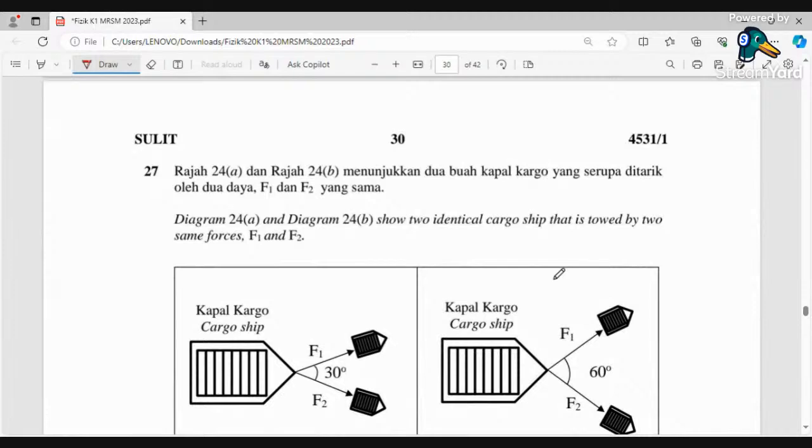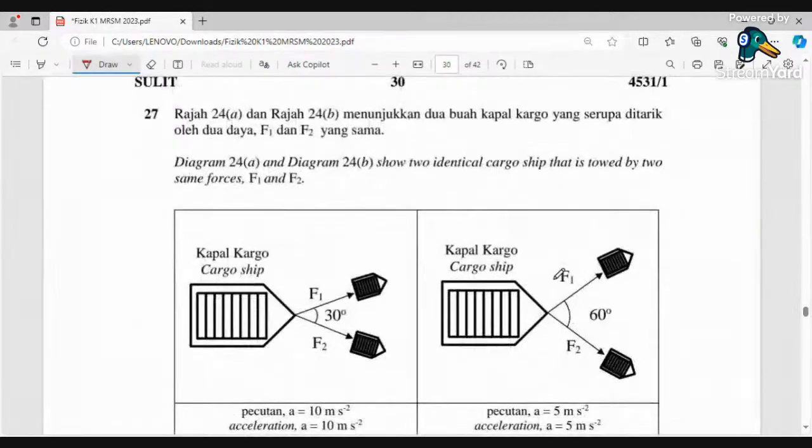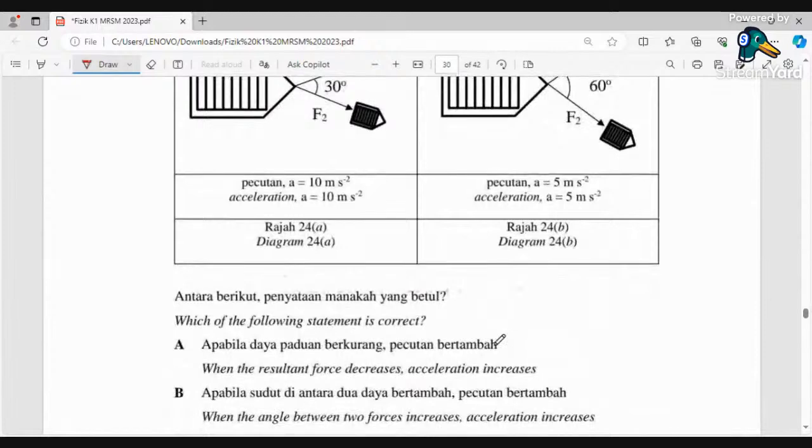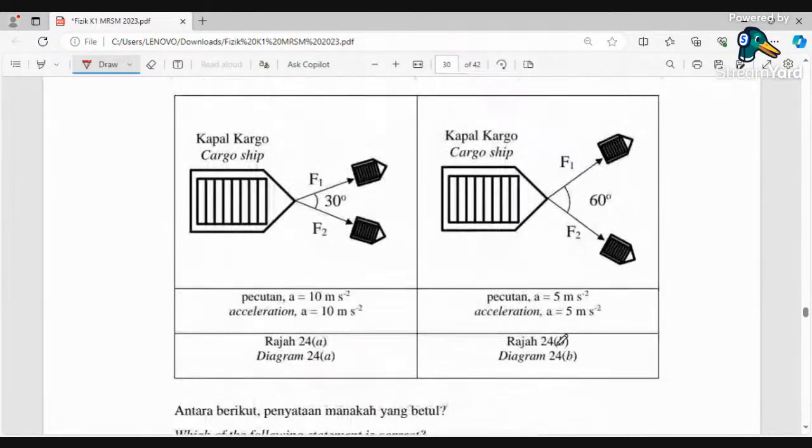Number 27, identical cargo towed by two same forces, F1 and F2. Which of following statement is correct? Okay, you tengok acceleration. Ini acceleration is greater than this one. Maksudnya net force larger.